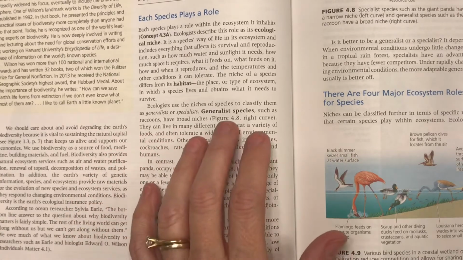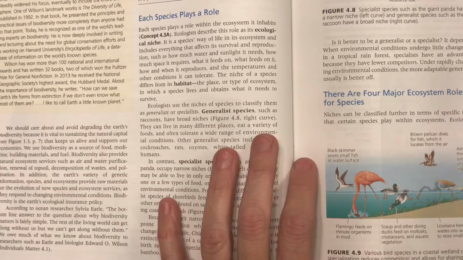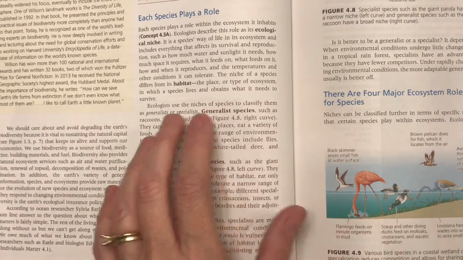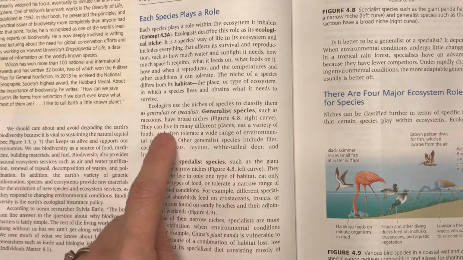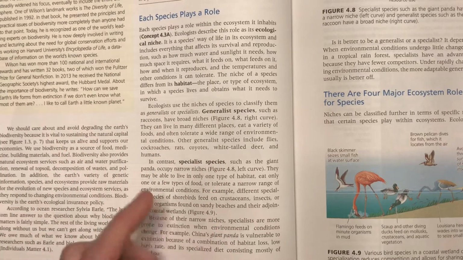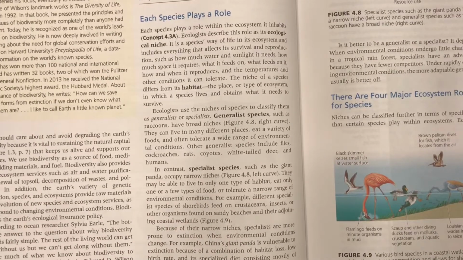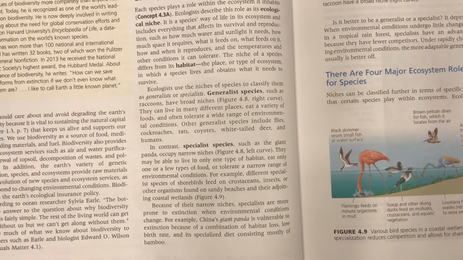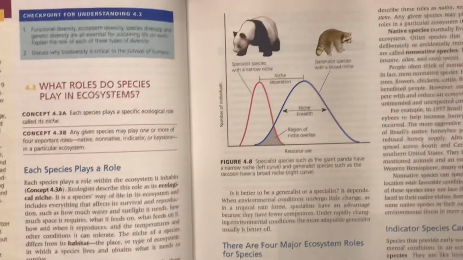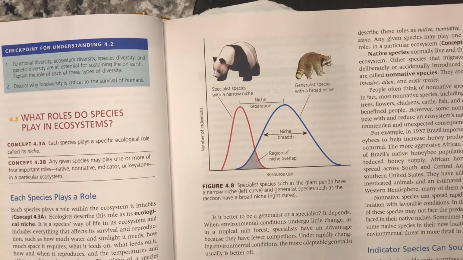Whenever you're given something like this, always memorize an organism, usually a plant and an animal if you can, but at least an animal that fits this. So you can see here raccoons are a great one. And then specialist, very narrow niche. A classic example is something like a giant panda. And you can see that there's a great graph here that shows the niche breadth right there.